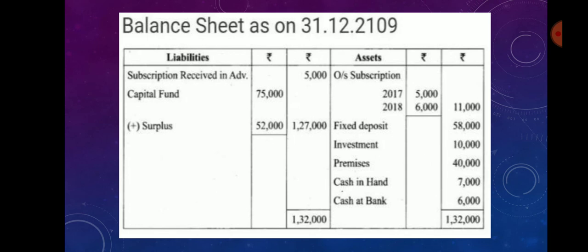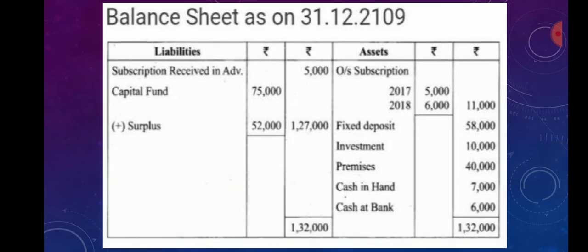It includes the capital fund, long-term liabilities and current liabilities on the liability side, and fixed assets and current assets shown on the asset side. Balance sheet as on 31st December 2018, we will come to liability side. The first two values are already found out. So take that value.